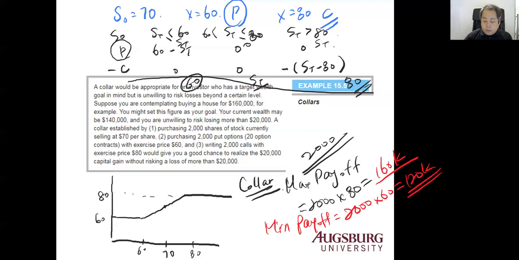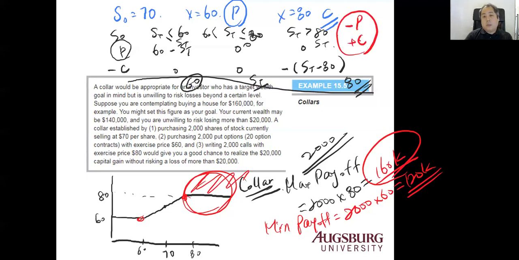So you have some certain target. After this point, you don't have to worry about it because you want to buy a house when the stock price hits $80, but you also want to limit the loss. So the cost is basically that you have to pay the put premium and receive the call premium.